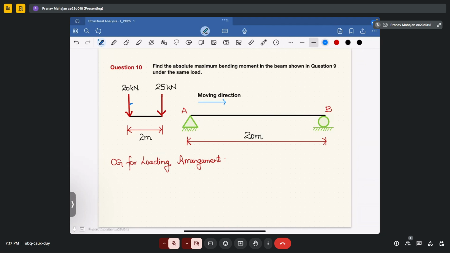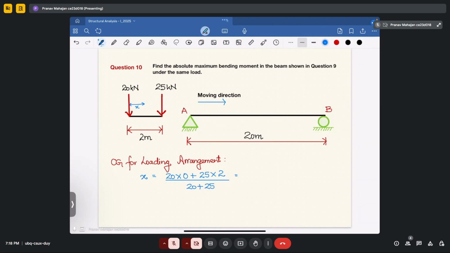Let me mark it at a distance of x. Here x upon 2 meter, or you can say your total load, how you will define the CG, your x will be equal to, since I am taking from this point, 20 into 0 plus 25 into 2 divided by 20 plus 25.